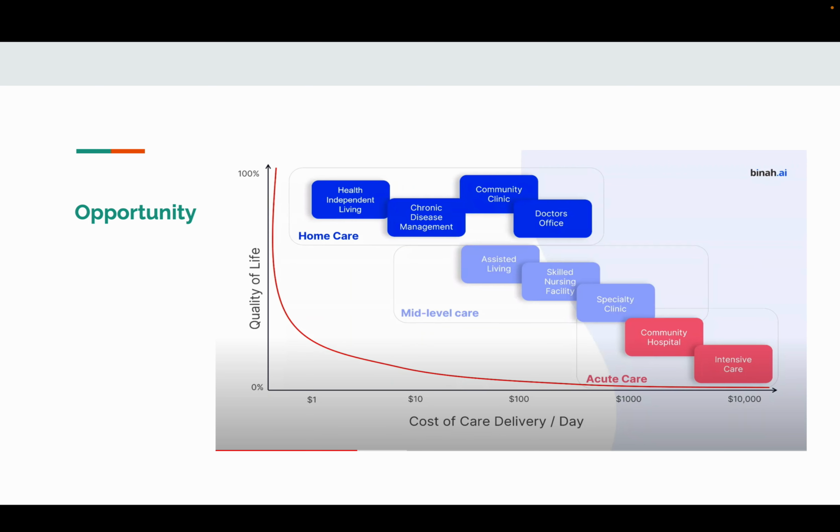And then this slide is just an opportunity. It's saying if we can transfer the management of health. So let's say you have hypertension and it's serious, you will fall to the right, red part, which means it will be expensive to treat. It will cost $10,000 a day internationally.